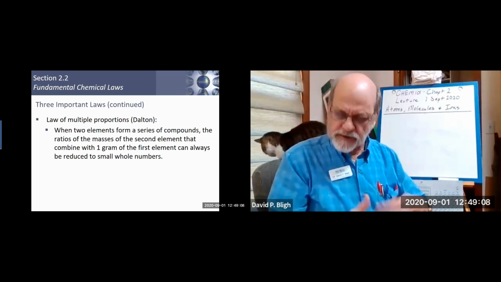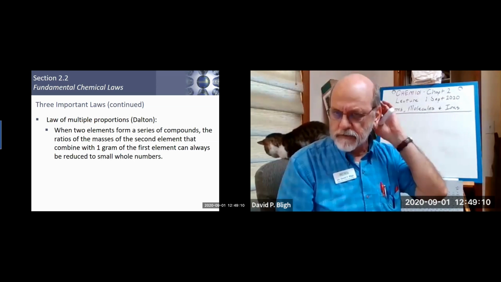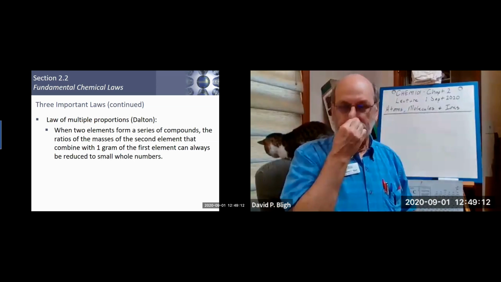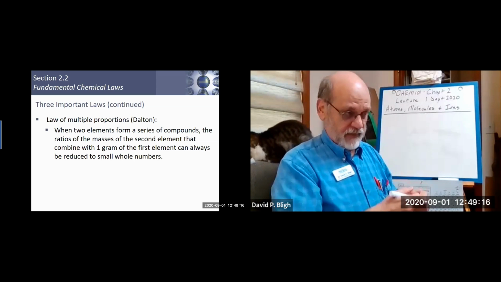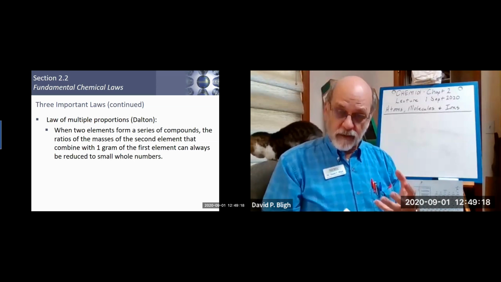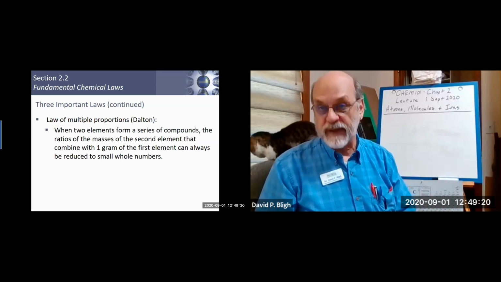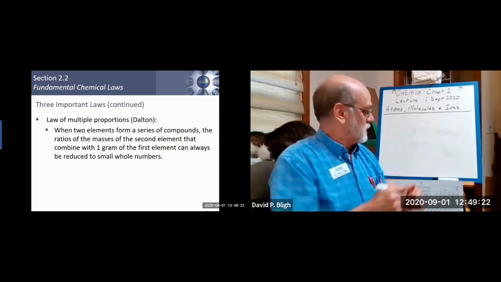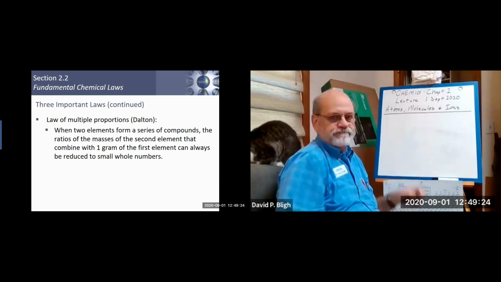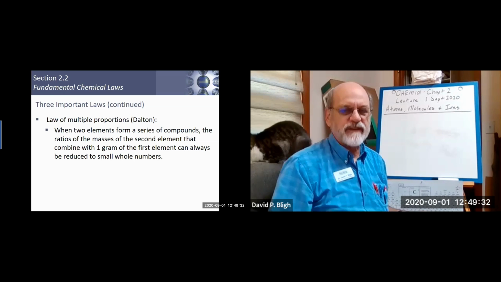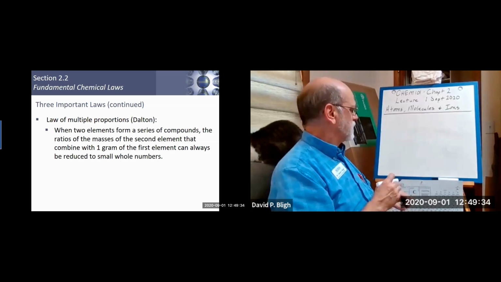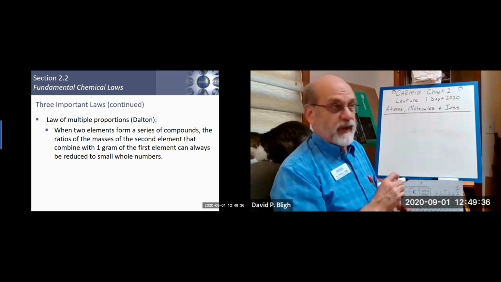It sort of builds upon Proust's law of definite proportions, but it says that when you have two elements in a series of compounds, so you have, I'm trying to think of a good example of a series of compounds.